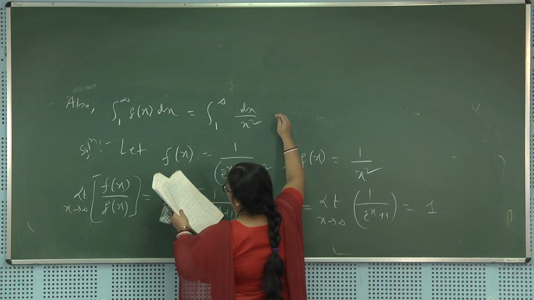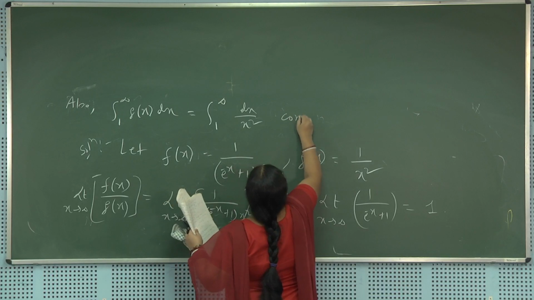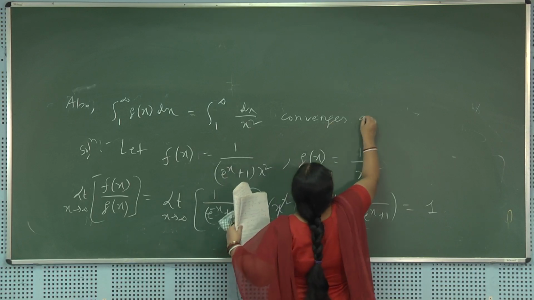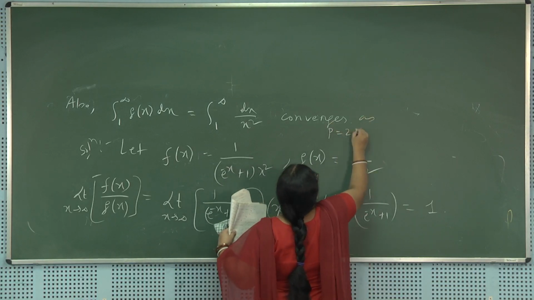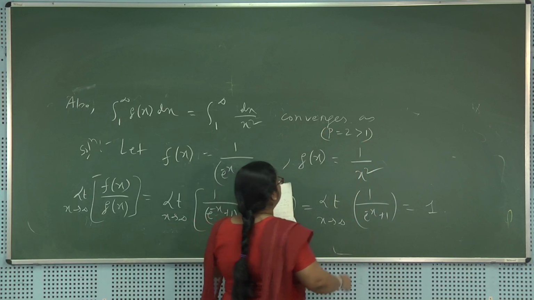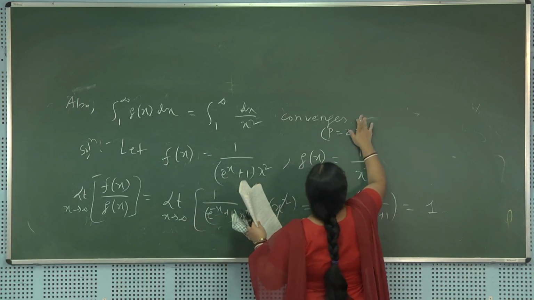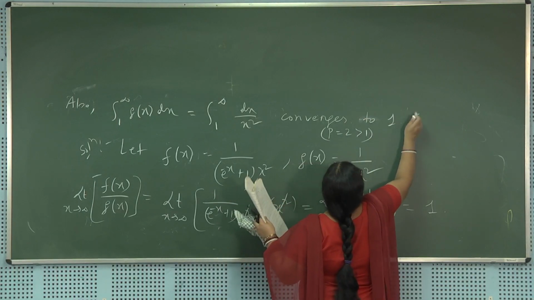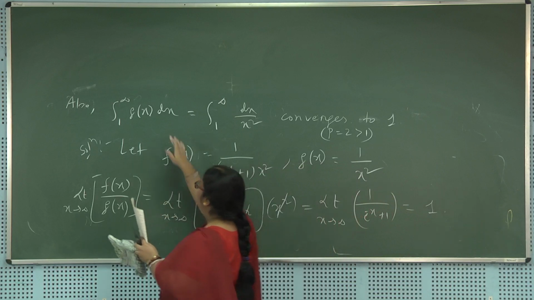So, I can say this integral converges because p is greater than 1. Here p is 2, as p equal to 2 greater than 1, and it converges to the value 1 by 1 minus p. So, it will converge to 1.